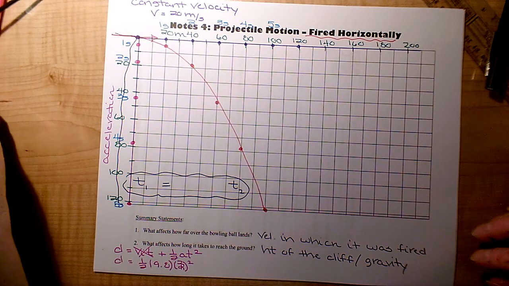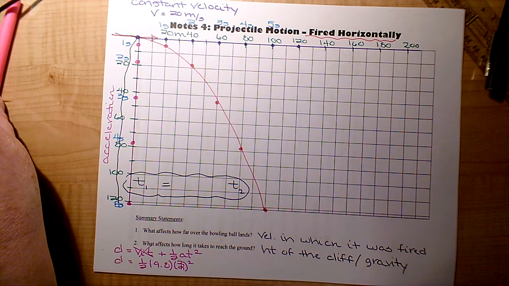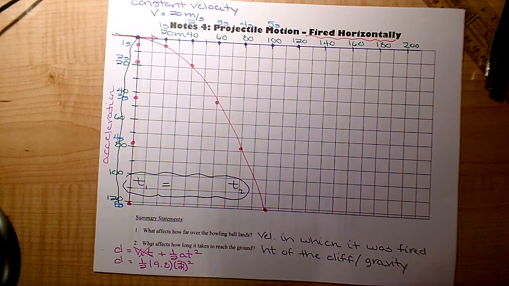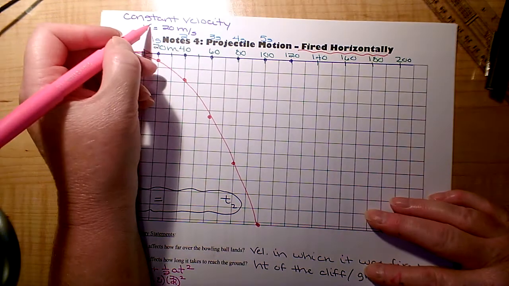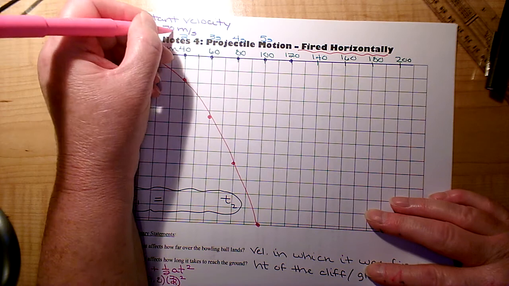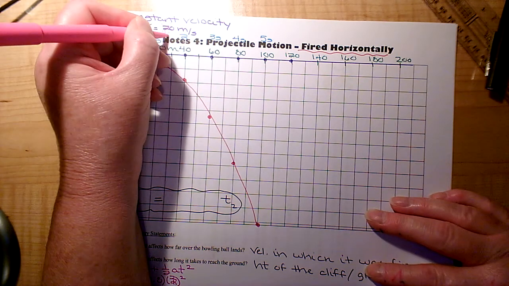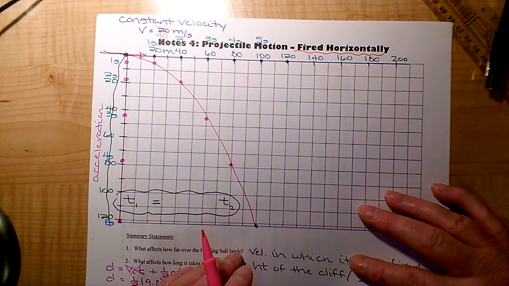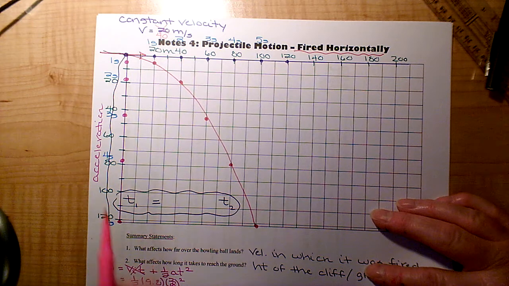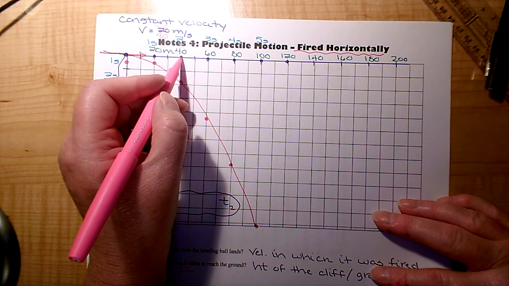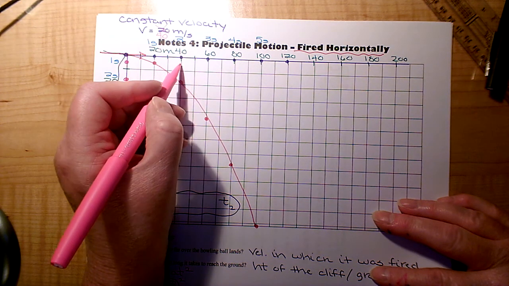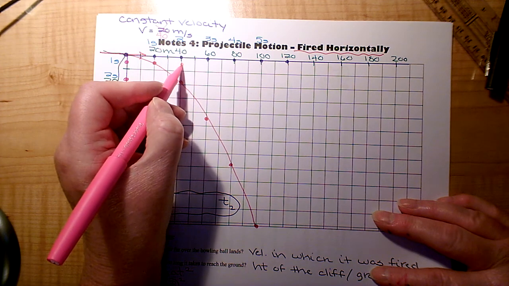What if I went back to the top of the cliff and I went bowling off the cliff with a velocity of 40 meters per second? How would the picture change? Well, after 1 second, the bowling ball will have gone over 40, but it will still have fallen down the same amount.